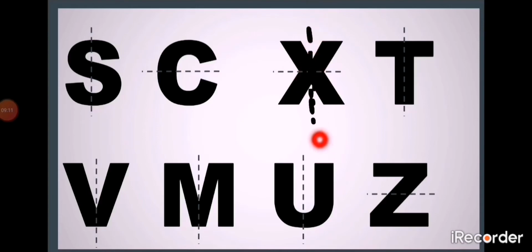So we can say if we cut it vertically or horizontally, both sides are the same. So X has two lines of symmetry. Many shapes, objects and patterns have more than one line of symmetry. So in letter X, we can say there are two lines of symmetry, vertically and horizontally.